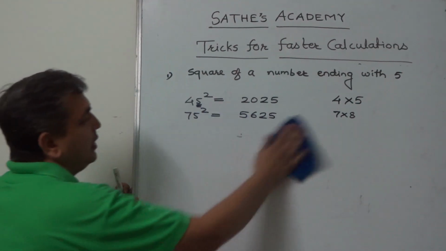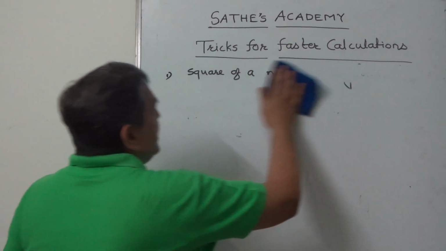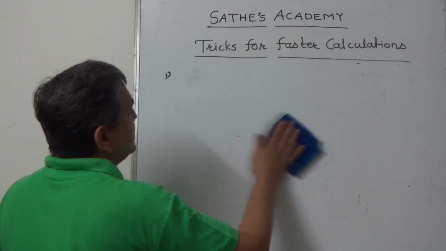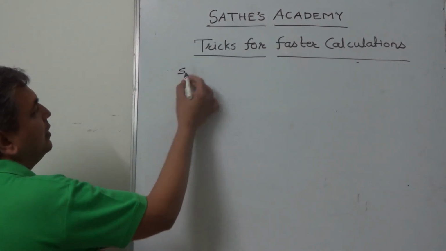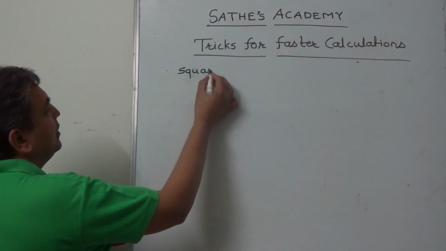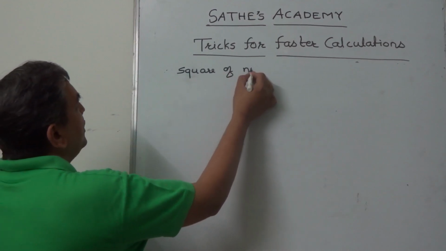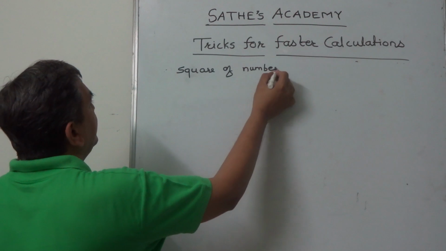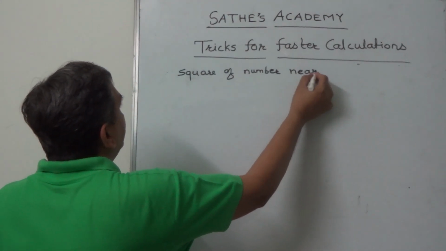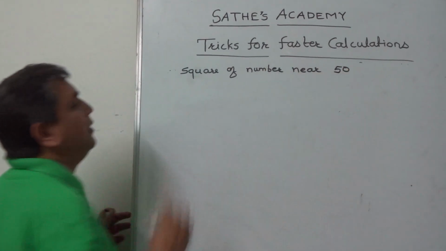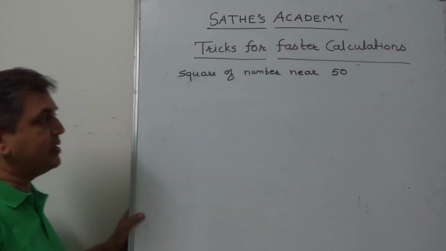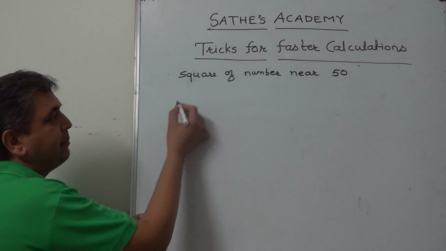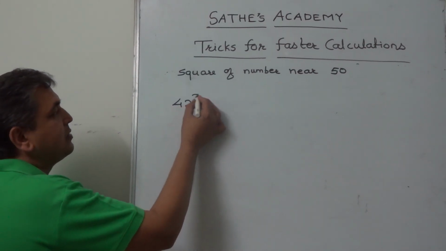Students, we go for another simple multiplication. Squares. Square of a number near 50. If some number is near 50 and we want its square, we take some examples like 42 square.